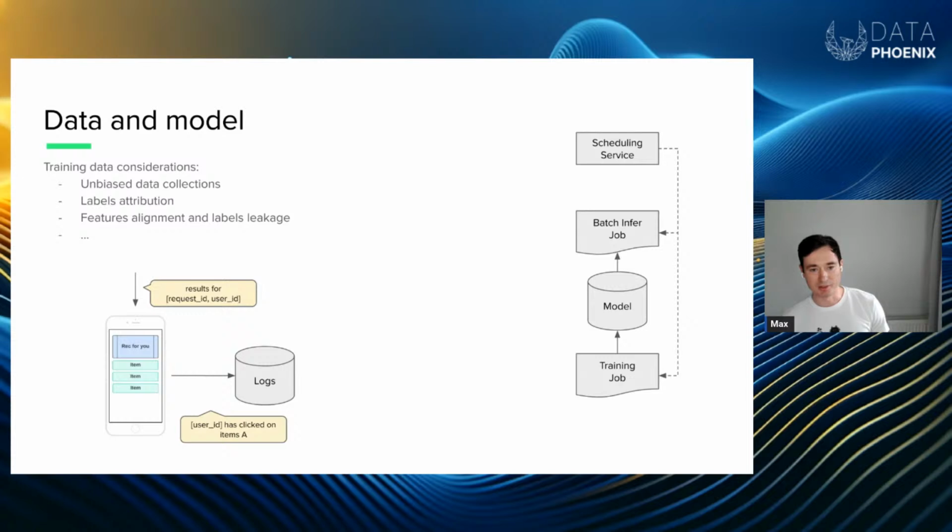Another big topic is feature alignment and label leakage. And this one is, again, quite problematic and a huge topic in itself that probably deserves a dedicated 40 minute lecture. But the way you might want to try to understand it is this: when you collect your training data from the interaction facts, in order to collect enough training data, you probably look quite some time into the past.